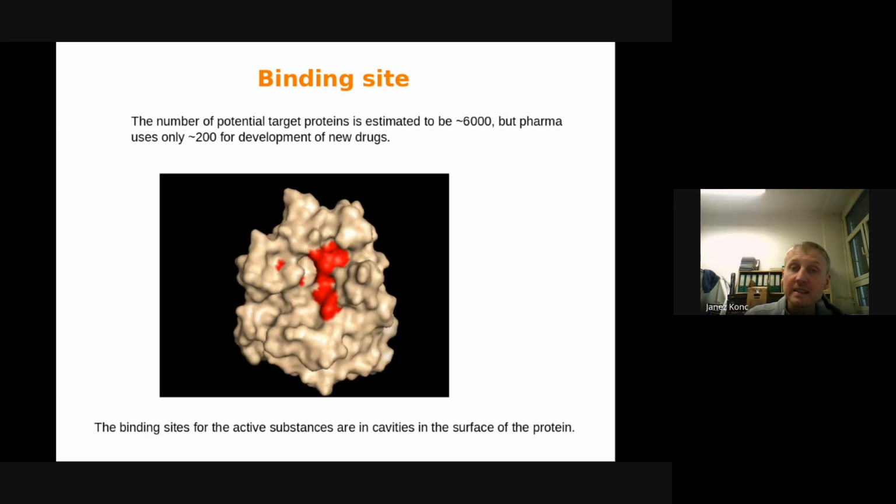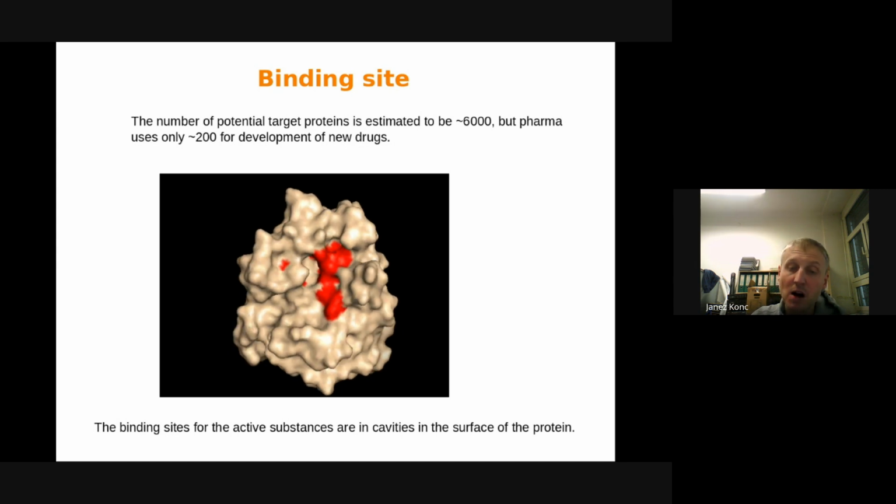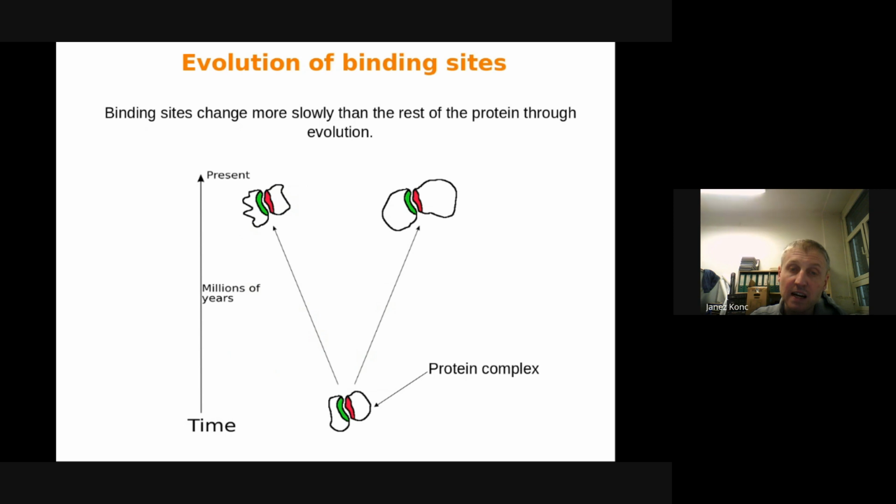In order to do drug discovery, we have to have very characterized binding sites, their properties on protein structures. So I've mentioned that binding sites are usually conserved regions on a protein surface. And why is that, actually?